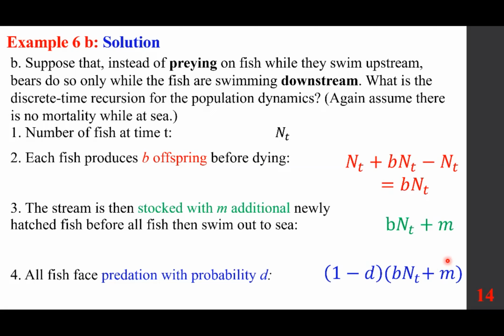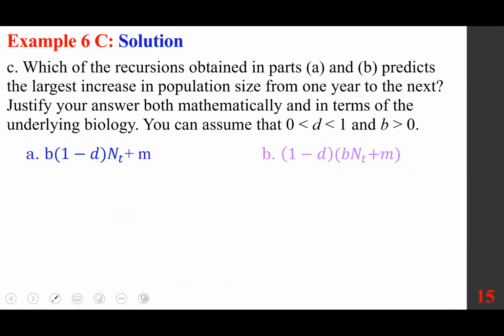I hope you can see the difference between the two. And now we want to compare and contrast. Which of the recursions obtained in parts A and B predicts the largest increase in population size from one year to the next?